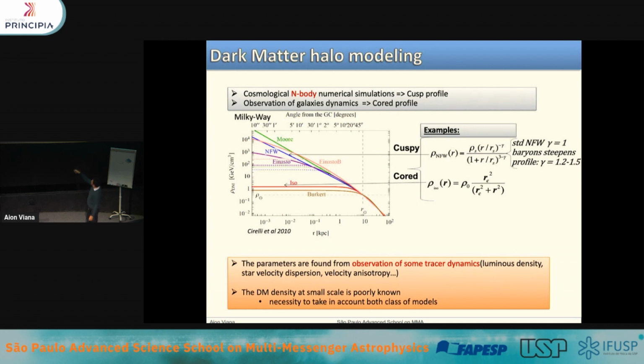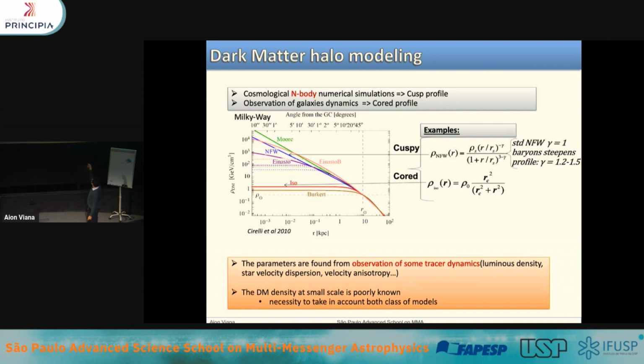Here you have several different models. Typically, we separate them into cusp and core. The core profiles basically come from the observation of certain galaxies. We typically don't see this cusp towards the center in a lot of galaxies. You actually favor a constant density of dark matter towards the center of these galaxies. That's what we call core profiles.